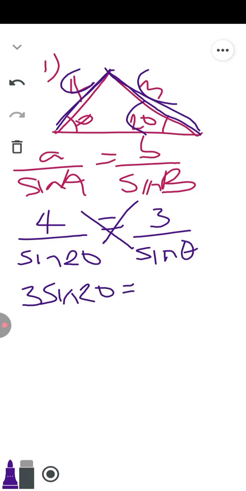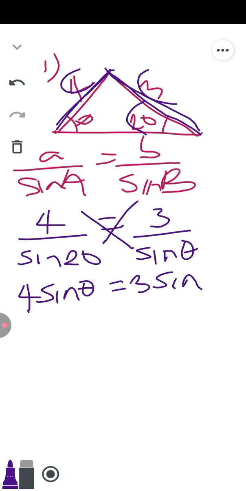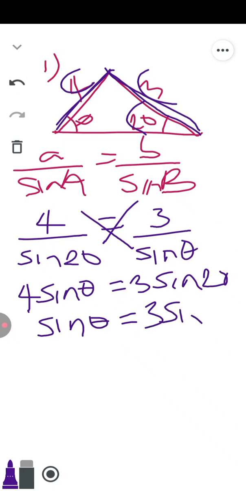That means 4 sine theta is equal to 3 sine 20. That means sine theta is equal to 3 sine 20 over 4.